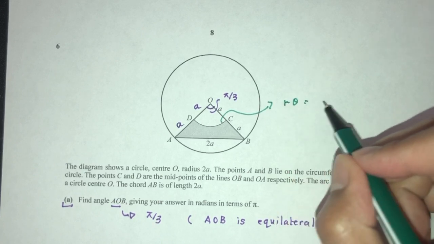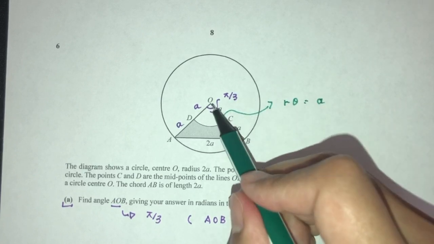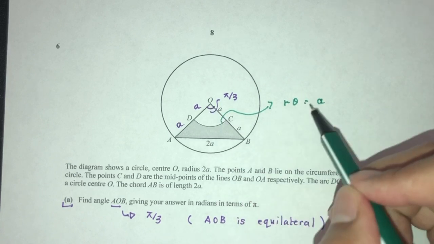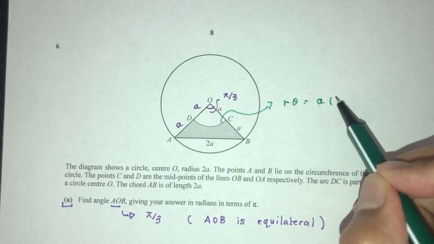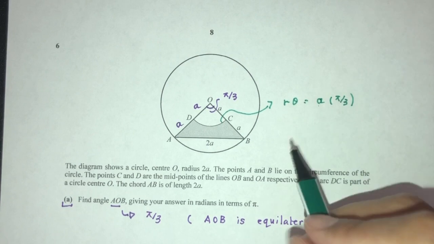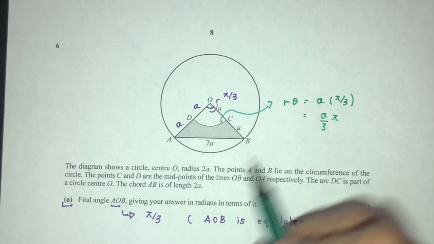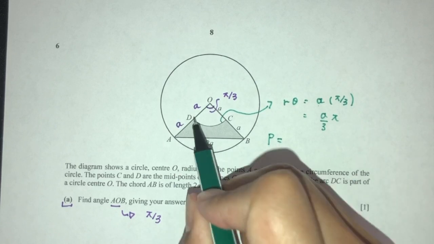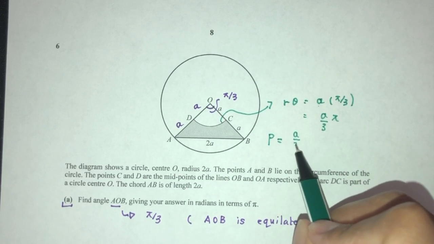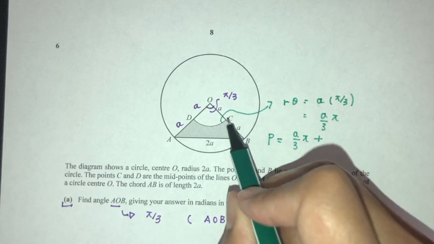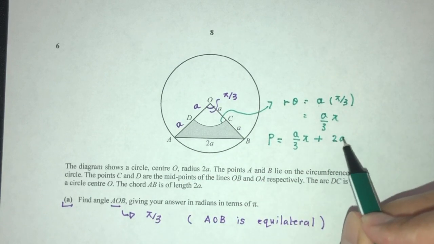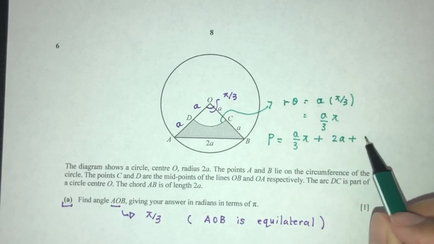So r is the radius a of the sector ODC, and then the angle is pi over 3. That will be a pi over 3 for the length of this one. So finally the perimeter will be this one, a pi over 3, plus this one and this one. That will be 2a, and this one, that will be 2a.